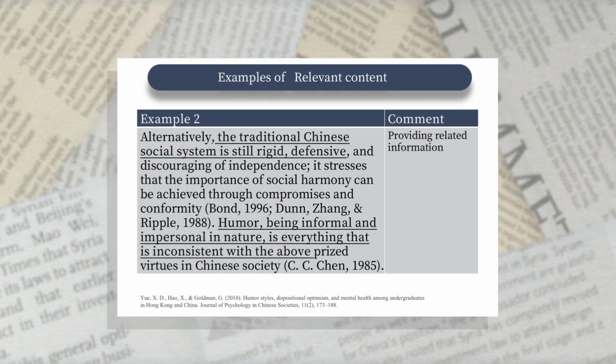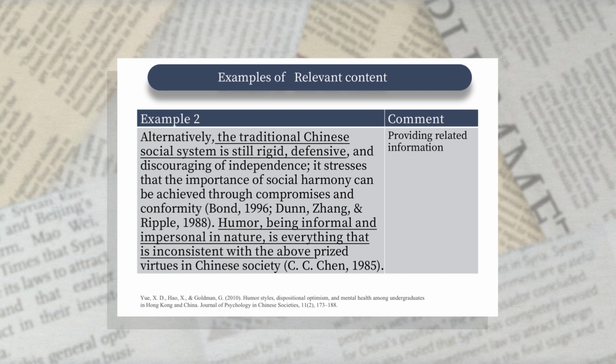And here is another example. Alternatively, the traditional Chinese social system is still rigid, defensive, and discouraging of independence. It stresses that the importance of social harmony can be achieved through compromises and conformity. Humor, being informal and impersonal in nature, is everything that is inconsistent with the above prized values in Chinese society.